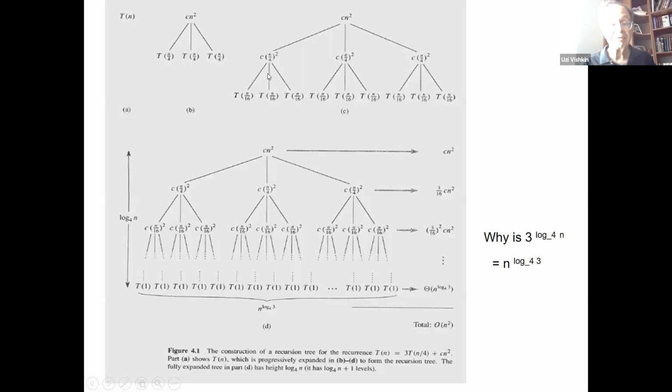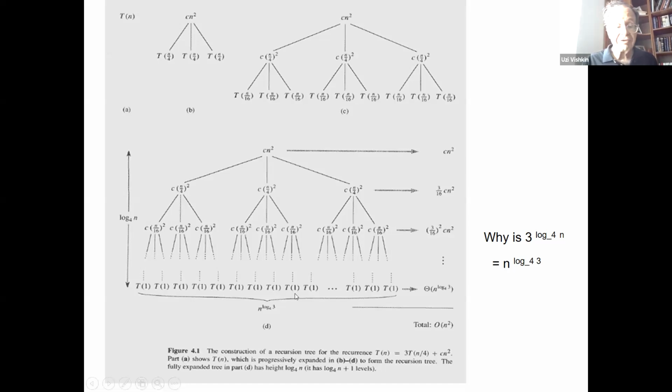Then as I come down, I have here n over 4. And since the quantity that is contributed is whatever n you have, which is n over 4 square, and we have 3 of them, the contribution of this level will be 3 over 16 times c n square. And you can immediately see that what we are going into is a geometrically reducing term, and therefore it will be dominated by the first term. Okay, so that's the main thing to observe.